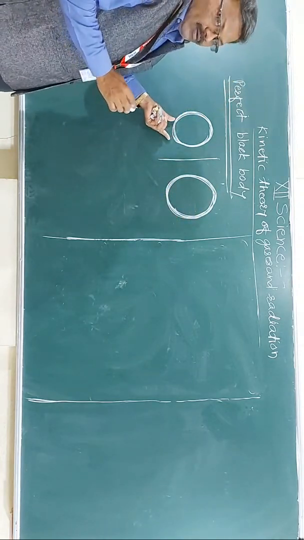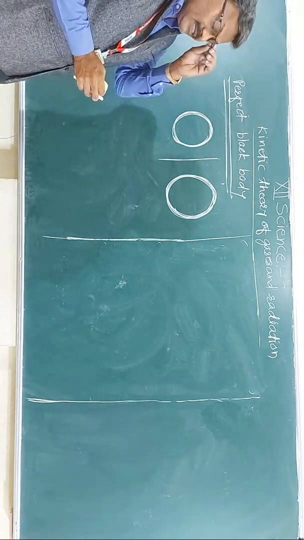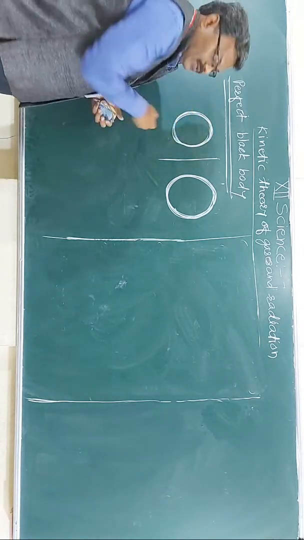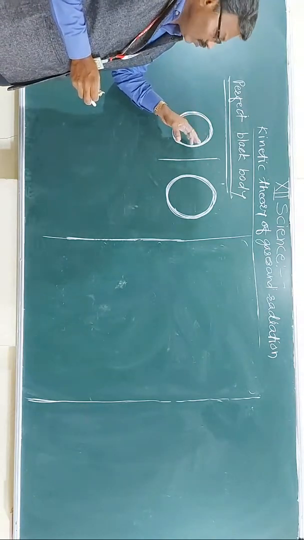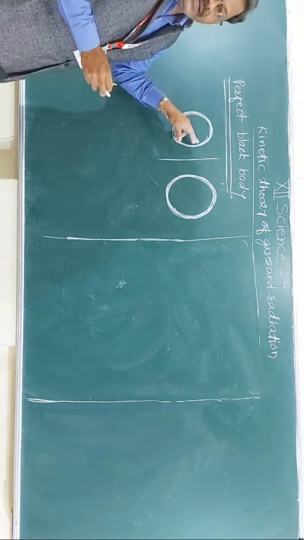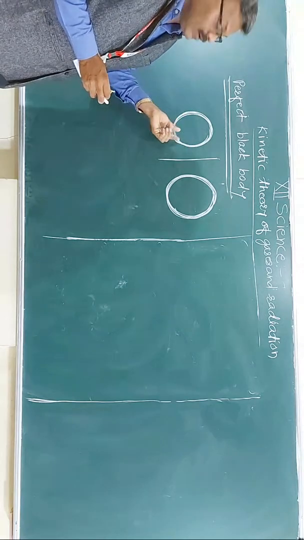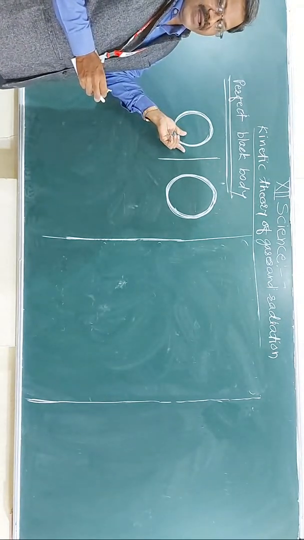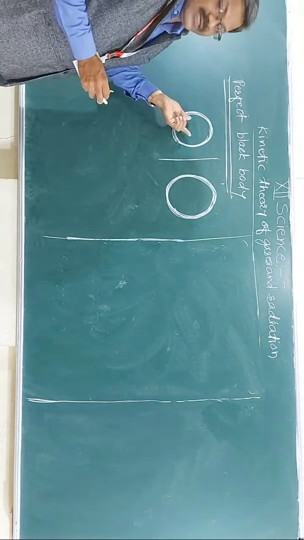Now all bodies radiate energy. In case of the nickel polished body, when energy is incident on this body, mostly this energy is reflected, and a small quantity of energy is absorbed by this body.